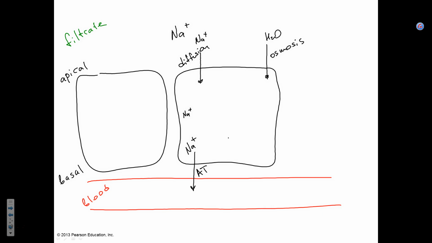But not only this, since sodium diffuses, that diffusion provides a source of energy that allows the reabsorption of molecules that will have to go against the concentration gradient, such as, I'm just taking glucose as an example. So these processes, sodium diffusion and glucose reabsorption, are coupled. Does it make sense? Do you understand what I just said? So sodium diffusion into the epithelial cells is necessary for glucose reabsorption. Are we clear?